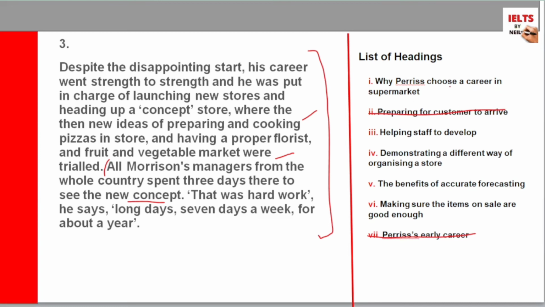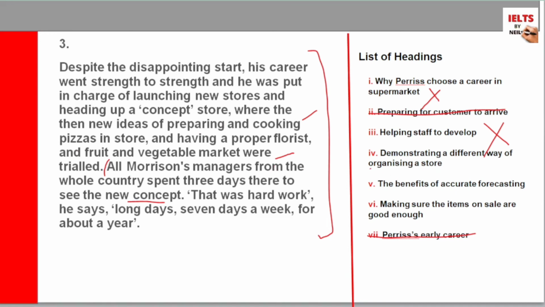Alright, so let's go through the headings and try to find out why Paris chose a career in supermarket. It's a big no. Helping staff to develop, big no. Demonstrating a different way of organizing a store, it could be the answer, because they are talking about a concept store, preparing, cooking pizzas in store, having a proper florist and fruits and vegetable market were trialed.